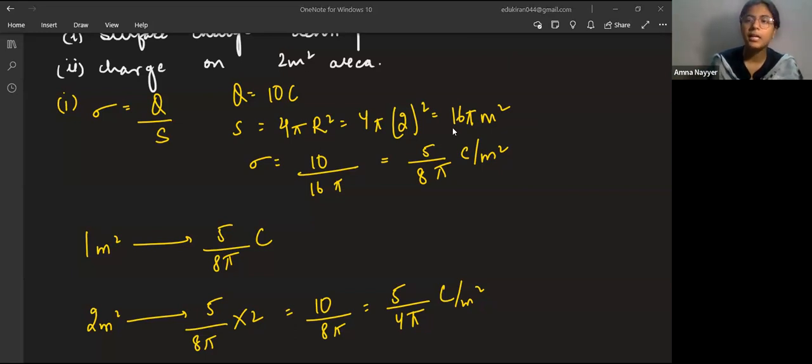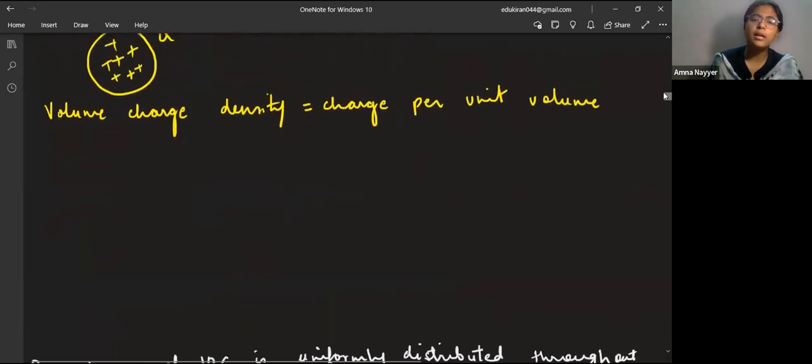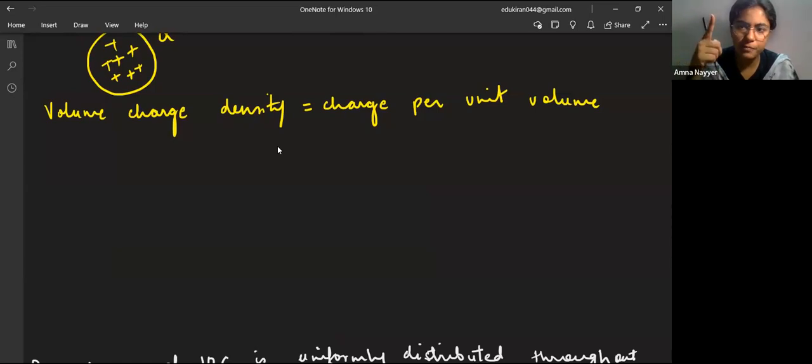So here we'll use charge per unit volume. Now see, lambda was for linear charge distribution. Sigma was for superficial charge distribution. We use the symbol rho for charge per unit volume.